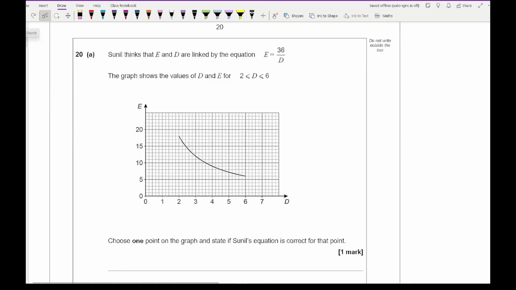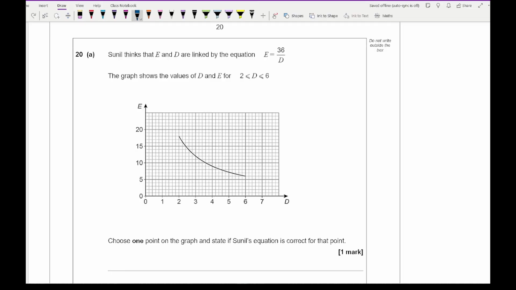Moving on to question 12, it says Sunil thinks that E and D are linked by the equation E equals 36 over D. The graph shows the values of D and E for values of D between and inclusive of 2 and 6. It says choose one point on the graph to state if Sunil's equation is correct for that point. So let's have a look. If I just pick the nicest point that I can see, it doesn't really matter which one you go for.